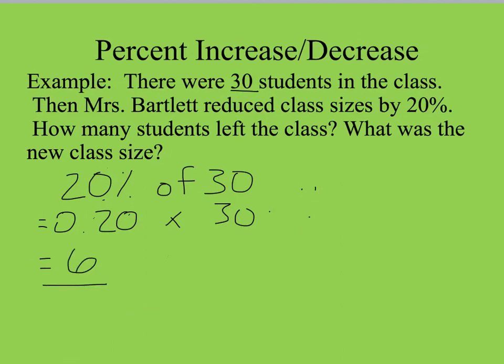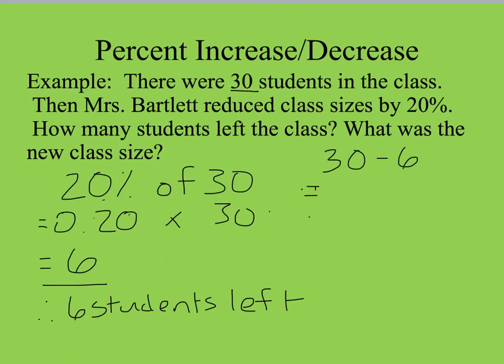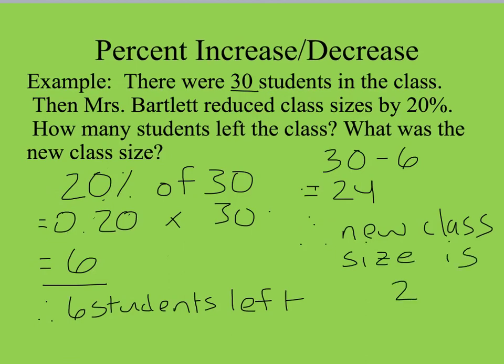So 6 kids left the class. If 6 kids left, what is the new class size? 30 is what we started with. Take away the change, 6, equals 24. So the new class size is 24.